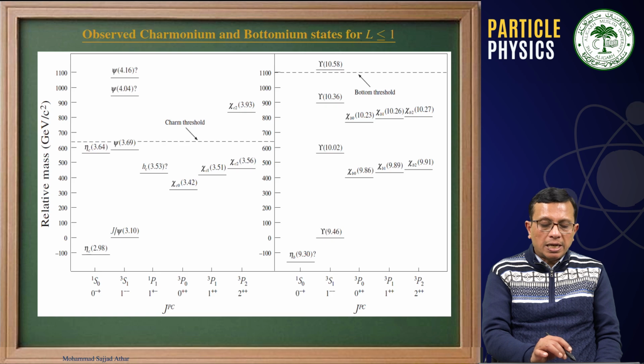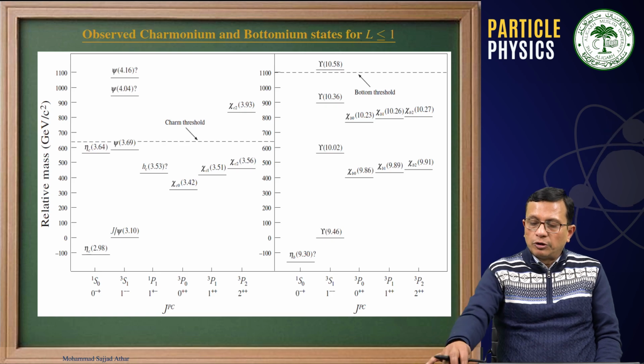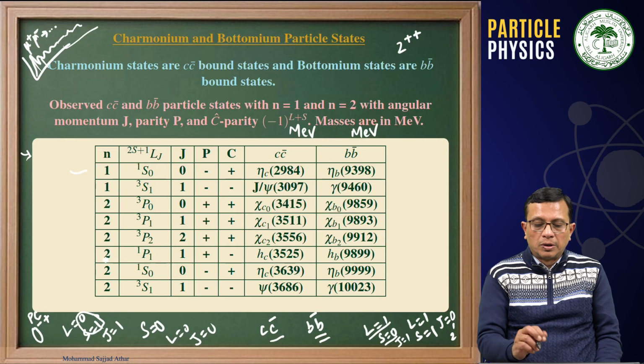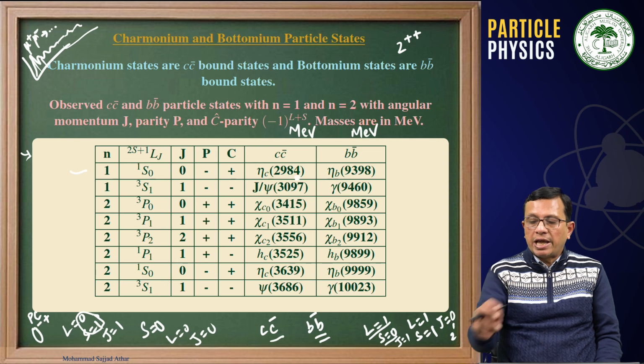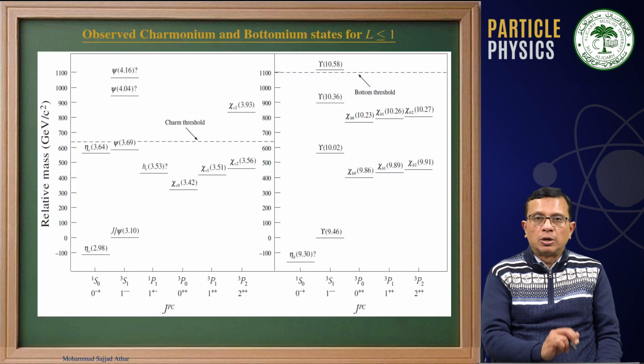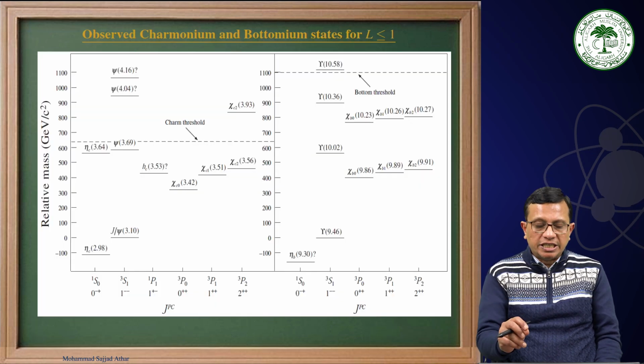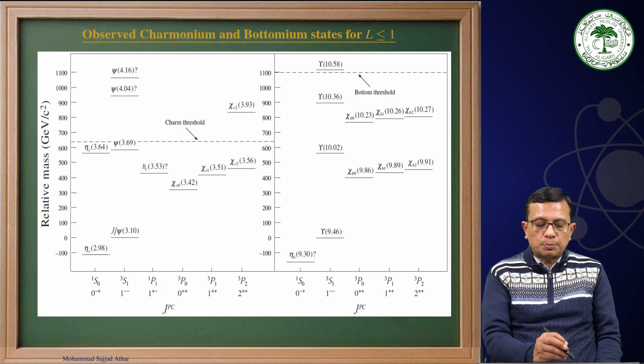Since I am writing it as 2.98, that means, if you look at the previous example, that was 2984 in MeV. Here I am talking about 2.98 in GeV. Therefore, this resonance corresponds to a center of mass energy of 2.98 GeV.